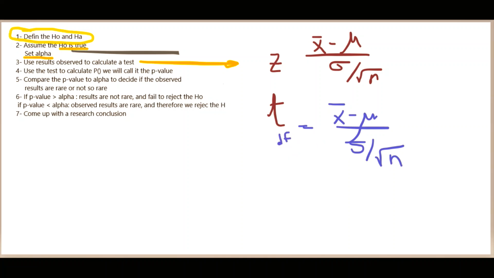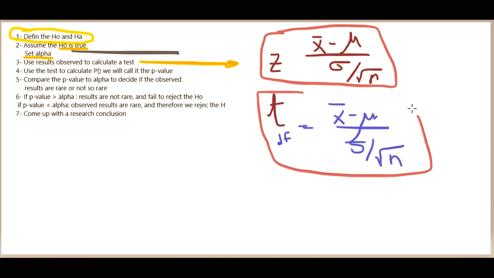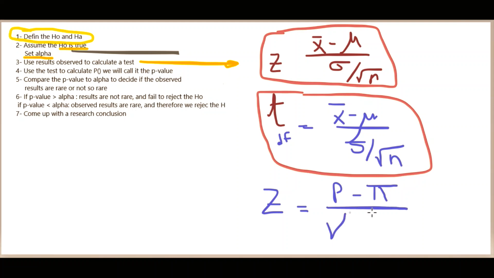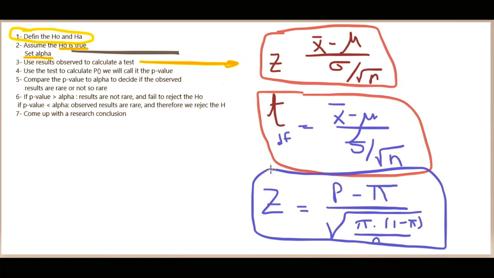Okay, so these are the 2 tests that you know if you're dealing with numerical data. If you're dealing with categorical data, then you would use the z, which is equal to p, the sample proportion, minus pi, the population proportion, over the standard error of proportion. And if you remember, that was the square root of pi times 1 minus pi divided by n. Okay? So these are the 3 tests that you know how to calculate so far, right?